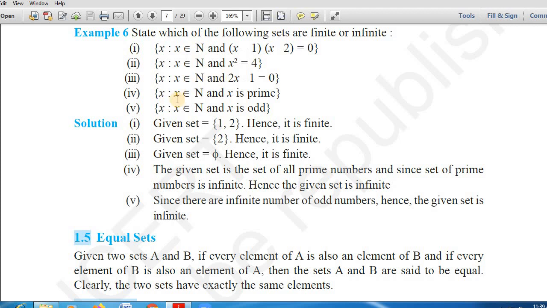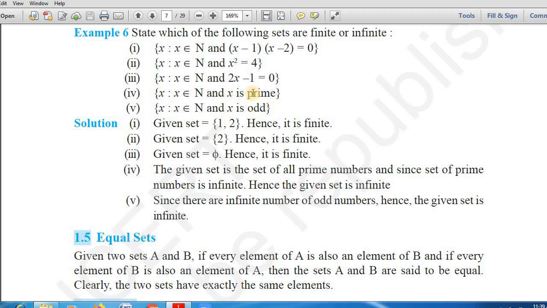In example 4, x belongs to N and x is prime. X is a prime number and x is a natural number. So all natural prime numbers are the elements of this set.